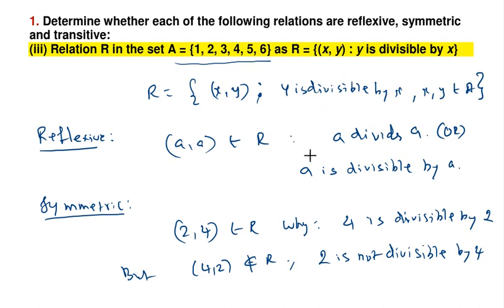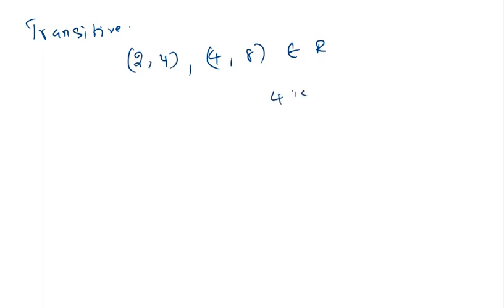Now we have to test transitive. To test transitive, I take 2,4 and 4,8 belonging to R, because 4 is divisible by 2 and 8 is divisible by 4.